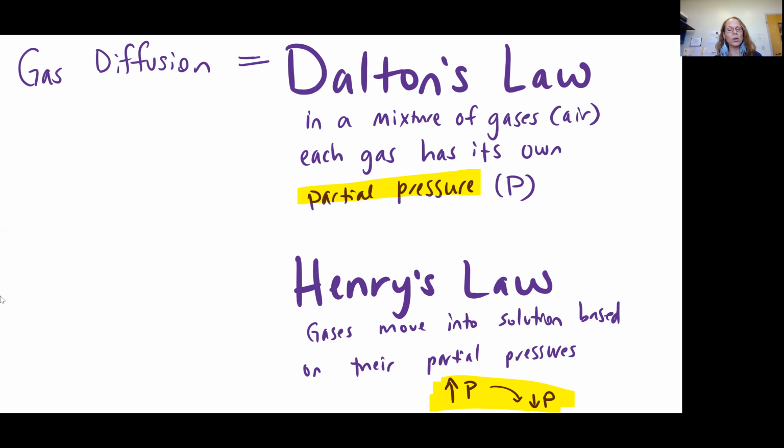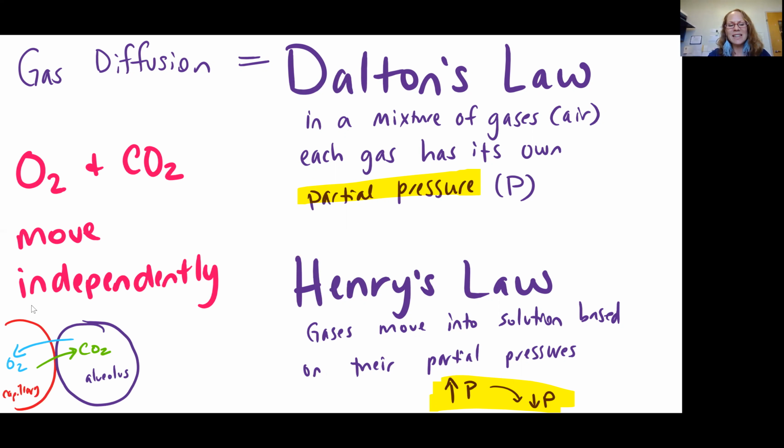Hopefully this sounds familiar. It should feel very much like concentration gradients and diffusion, because that's what we're doing. The significance of these two laws is that oxygen gas is going to move independently of carbon dioxide gas. And this is important, because you already know they're moving in opposite directions. Oxygen comes in, goes to the blood and out to the tissues, and CO2 goes from the tissues to the blood and then out of the body.